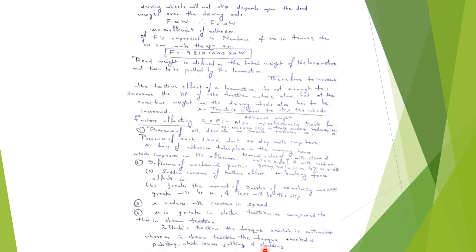But that is not the case with the electric locomotive, because the coefficient of adhesion is better, and when negotiating the turn there's no need to reduce the speed. The electric locomotive can negotiate the curve even at a higher speed without reducing the speed of the train.